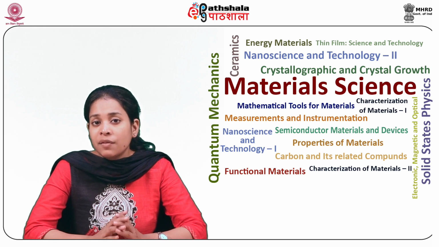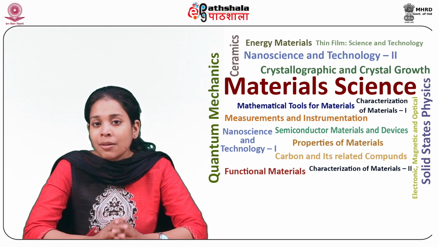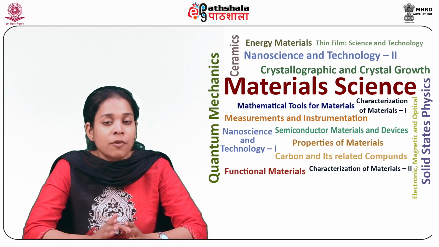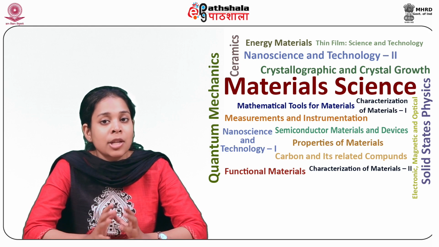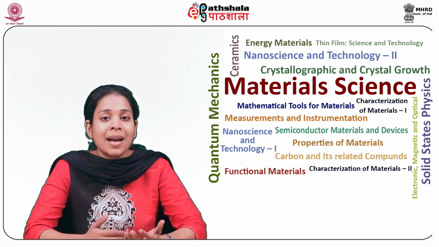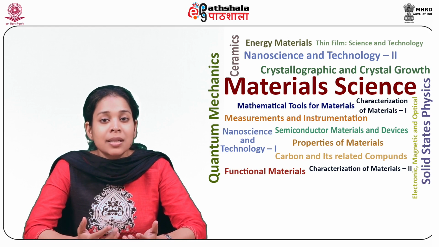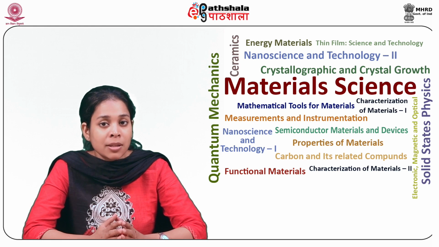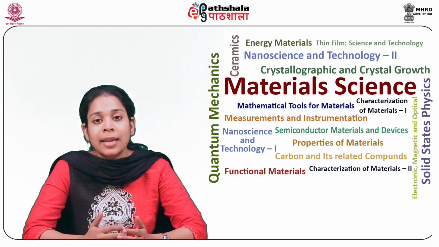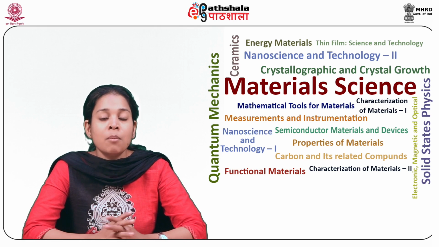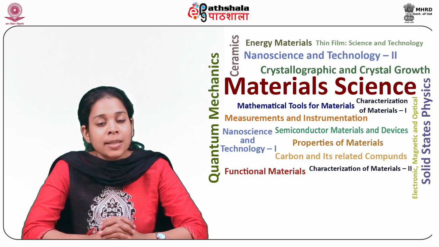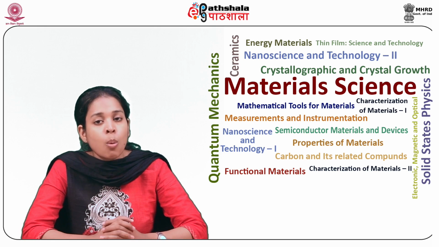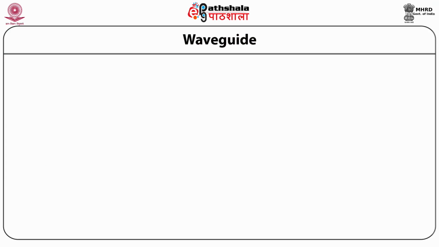The earlier waveguide structures are bulkier in size and it is difficult to integrate them with other electronic circuitry. But with the advancement in technology, it is necessary to reduce the size of the waveguide resonators so that they can be integrated with modern technology. So let's discuss the different types of waveguide resonators one by one in detail.